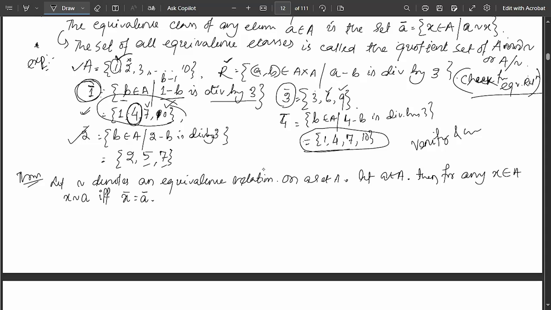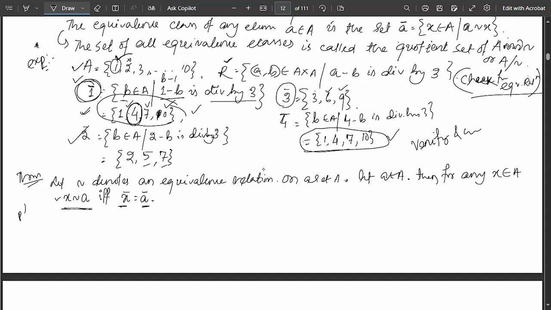So if the condition arises that x forms an equivalence relation with a, then the equivalence class of x and the equivalence class of a are the same. This shows the example: since 4 and 1 form an equivalence relation with each other, their equivalence classes are the same. So we prove this theoretically.